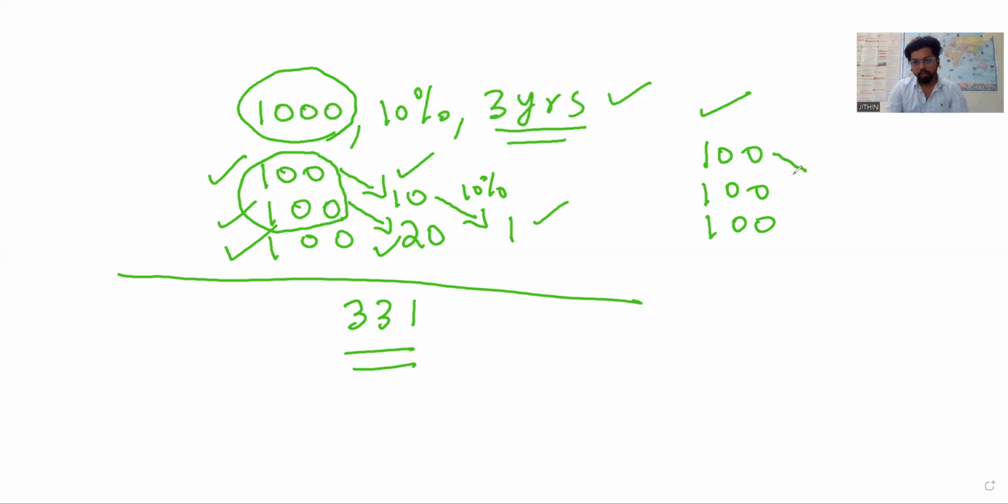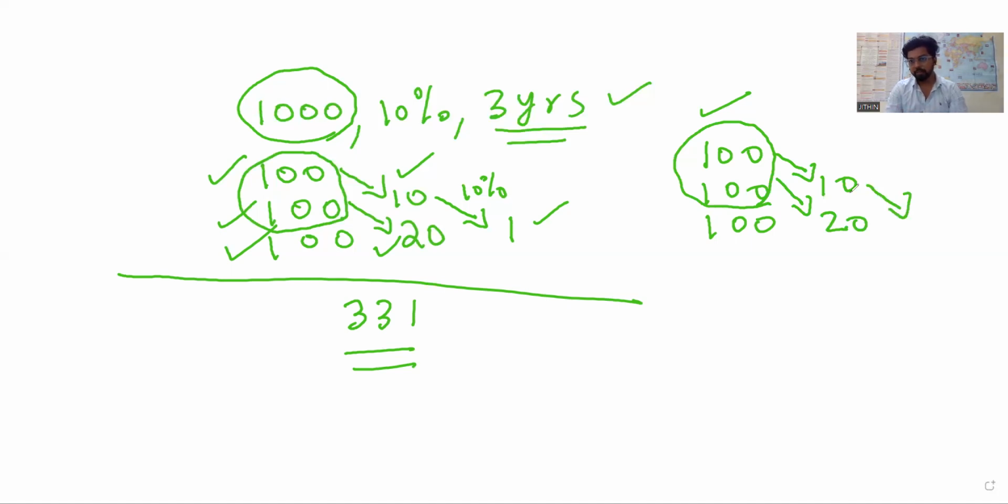So here what is 10% of this 100? That is 10. Then I need to write a number here. In order to find that number, I need to find the 10% of this total, that is 100 plus 100, that is 200. What is 10% of 200? It is 20. So I write 3 numbers here, 2 numbers here, then I need to write 1 number here.